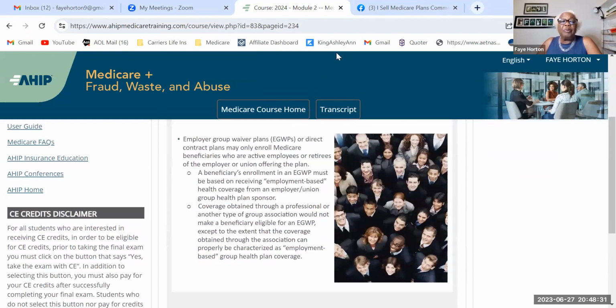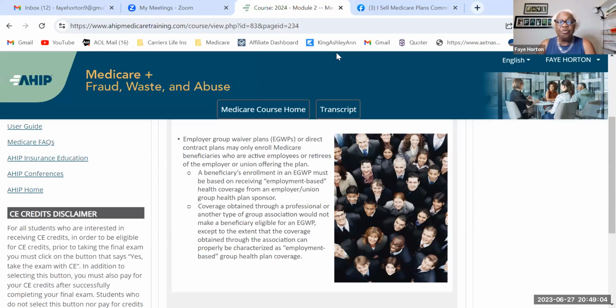Employer group waiver plans, or EGWPs, or direct contract plans may only enroll Medicare beneficiaries who are active employees or retirees of the employer or union offering the plan. A beneficiary's enrollment in an EGWP must be based on receiving employment-based health coverage from an employer, union, or group health plan sponsor.